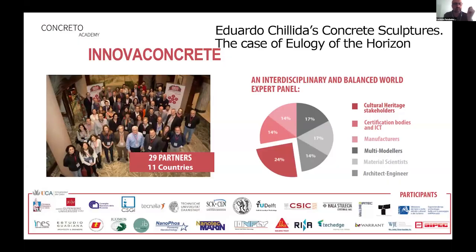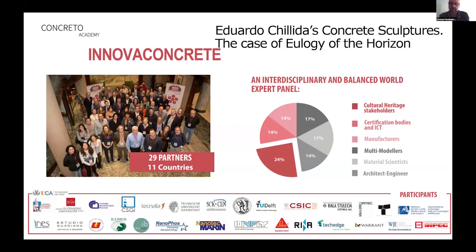several years ago there was a European project called Innova Concrete, which wanted to deepen the knowledge of concrete, in the sense that concrete is a material which is created in Europe, and so they wanted to acknowledge that and to preserve all the work, because people often see concrete as something not finished or not good enough.